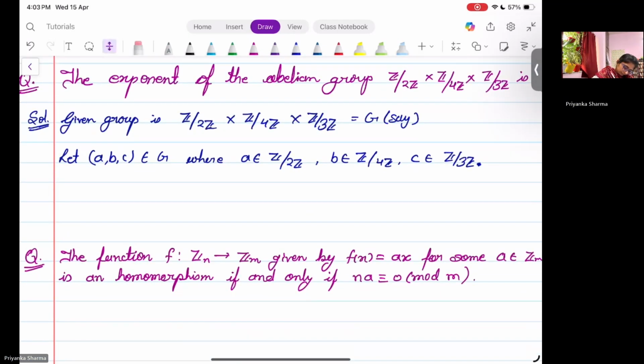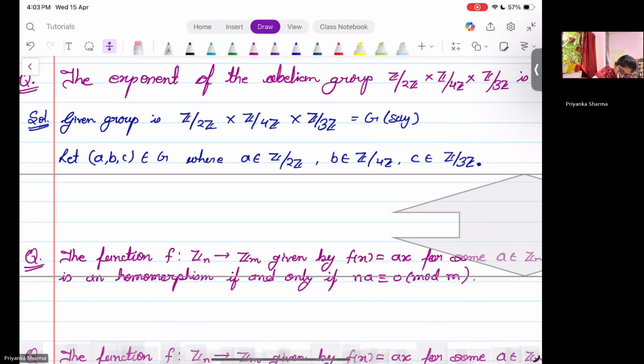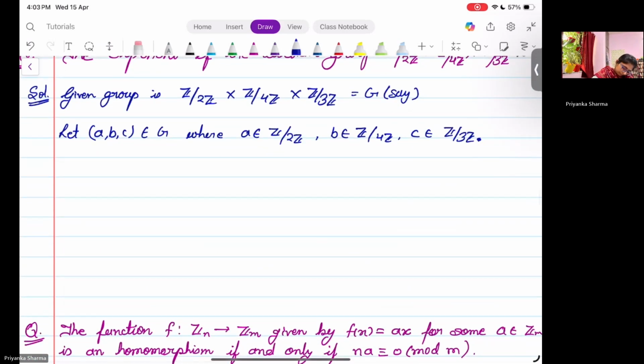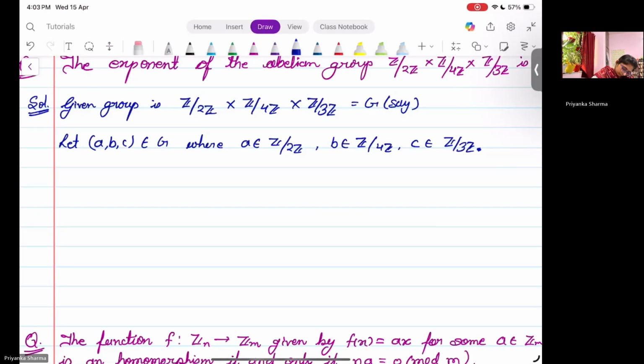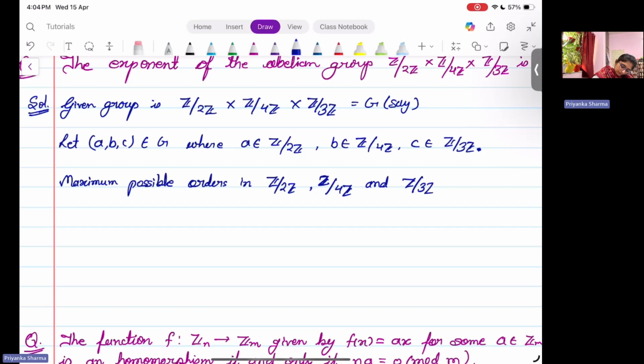So maximum possible orders in Z mod 2Z, Z mod 4Z, and Z mod 3Z are 2, 4, and 3 respectively.